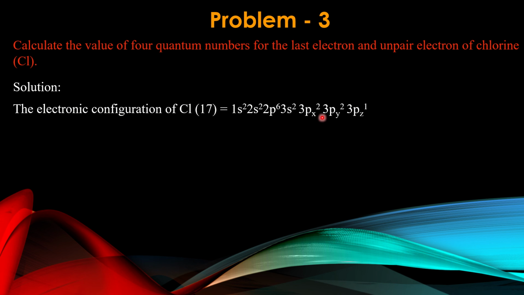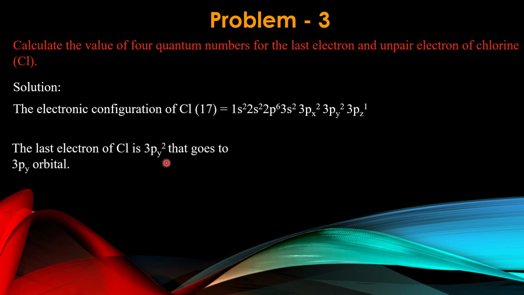So at first 3px, then 3py, then 3pz, then the second electron goes to 3px, and the 17th electron of chlorine goes to 3py, not 3pz. So the last electron of chlorine is 3py2 and the unpaired electron of chlorine is 3pz1.